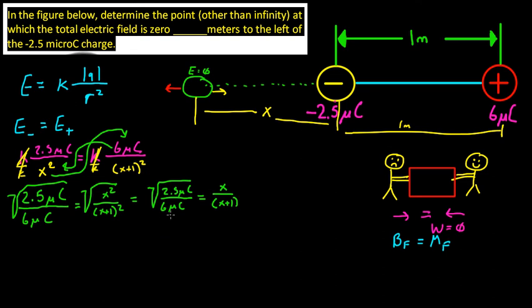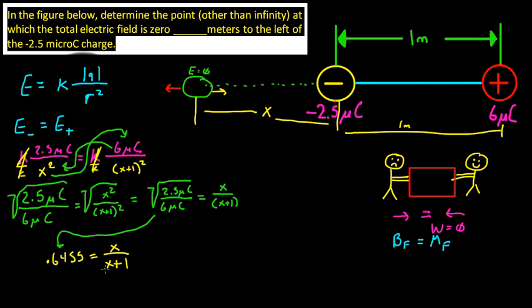When we take the square root of 2.5 over 6, we're left with 0.6455 equals x over x plus 1.